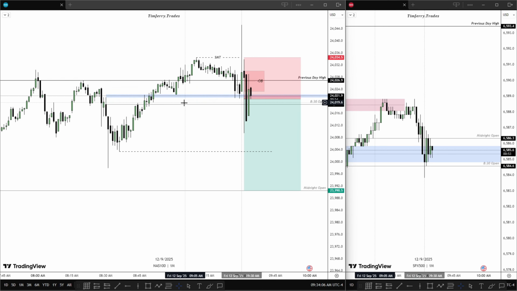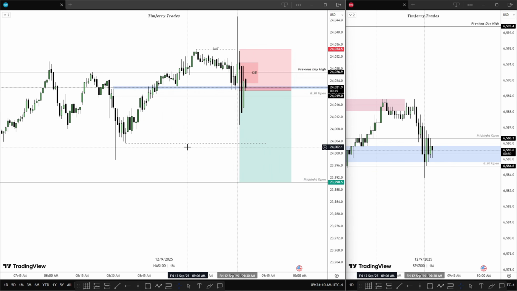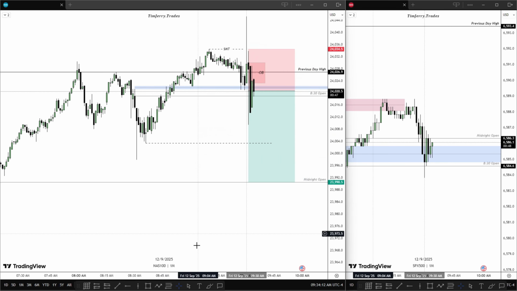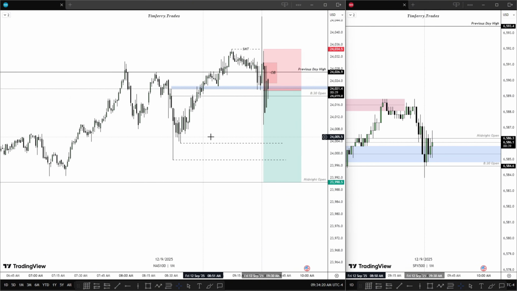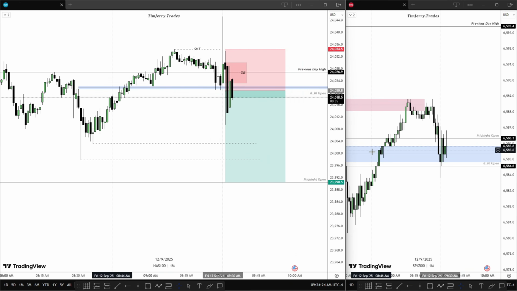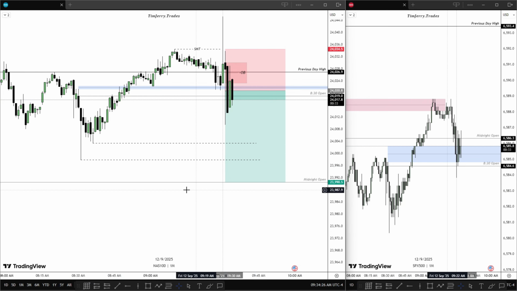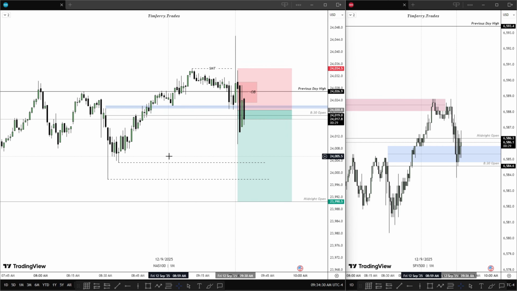And I ended up taking this trade also because if we go to the 15 minutes, we're going to see that the blue box I drew out there was actually a fair value gap that I wanted to see get inversed, and we have already done that. So that line I just drew there is my second take profit, and then I'm targeting midnight open to be my final and third take profit.